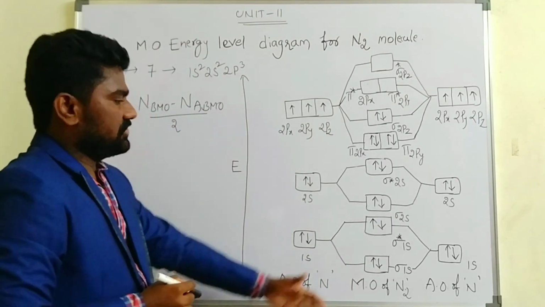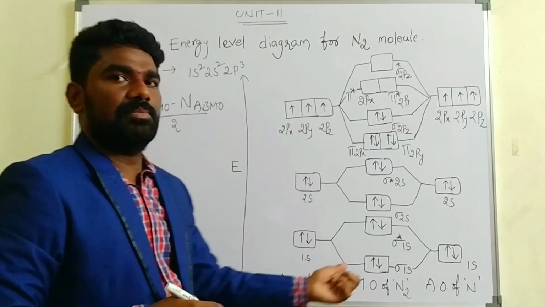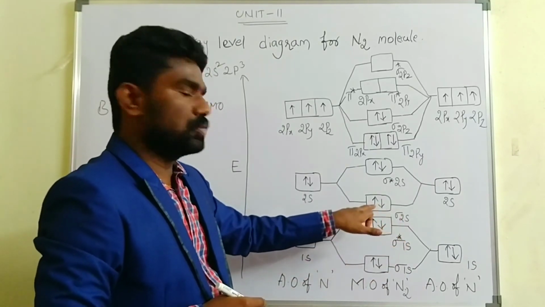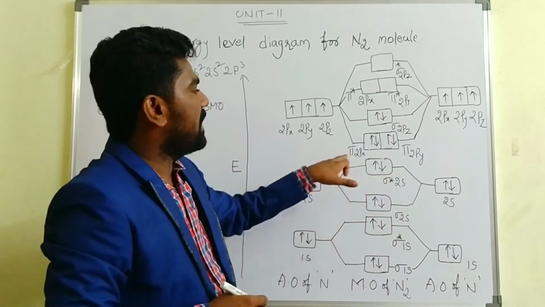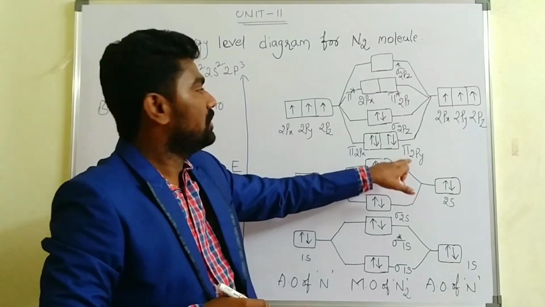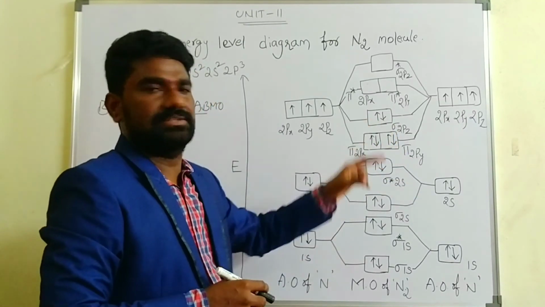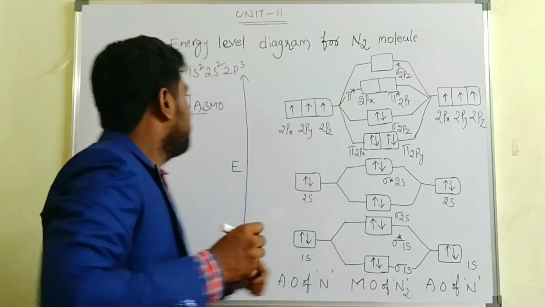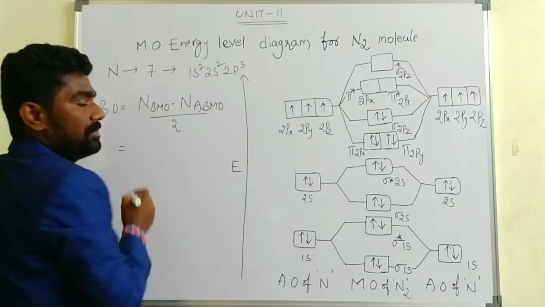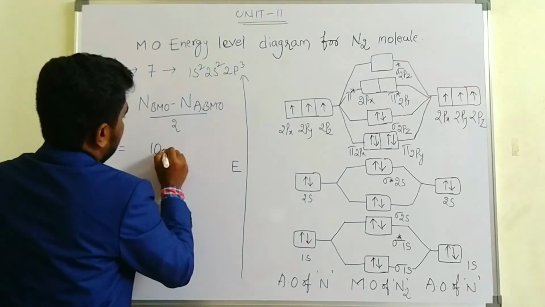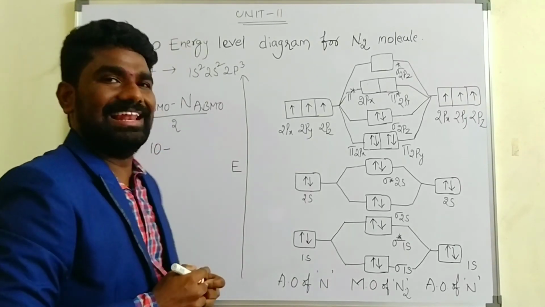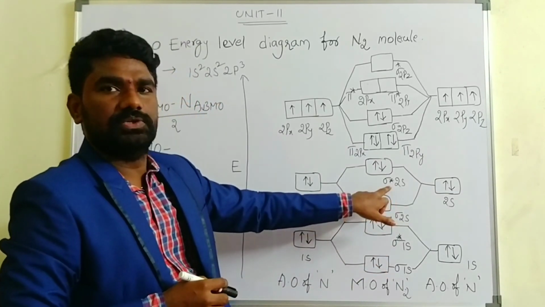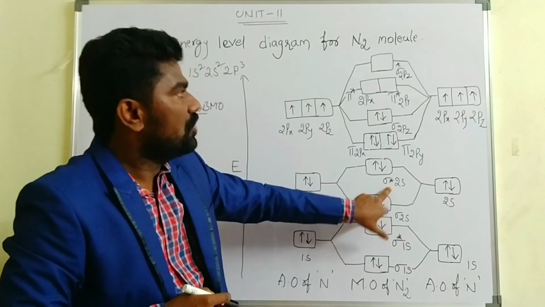Check here. How many electrons are present in the bonding molecular orbitals? Here sigma 1s2, sigma 2s2, 4 is there, and pi 2px2, pi 2py2, sigma 2pz2, 6. 4 plus 6, total we have 10 bonding molecular orbital electrons. How many anti-bonding molecular orbital electrons are there? Here sigma star 1s2, sigma star 2s2, total 2 plus 2, 4 is there.